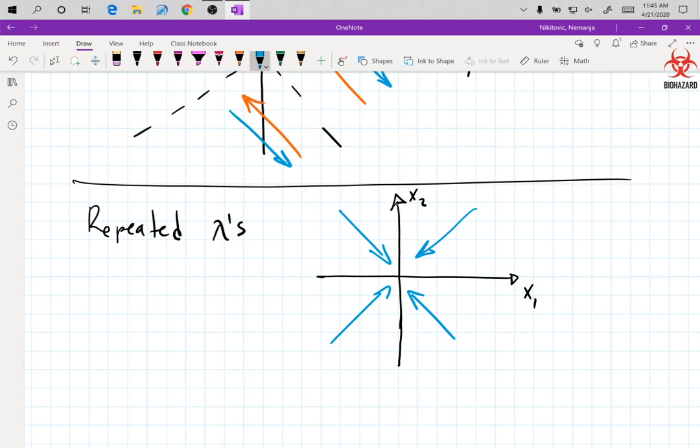And then the other one says, instead of having the blue ones, it goes in whatever, something like that, right? And goes in like this, but they're all going to sink into the same place.